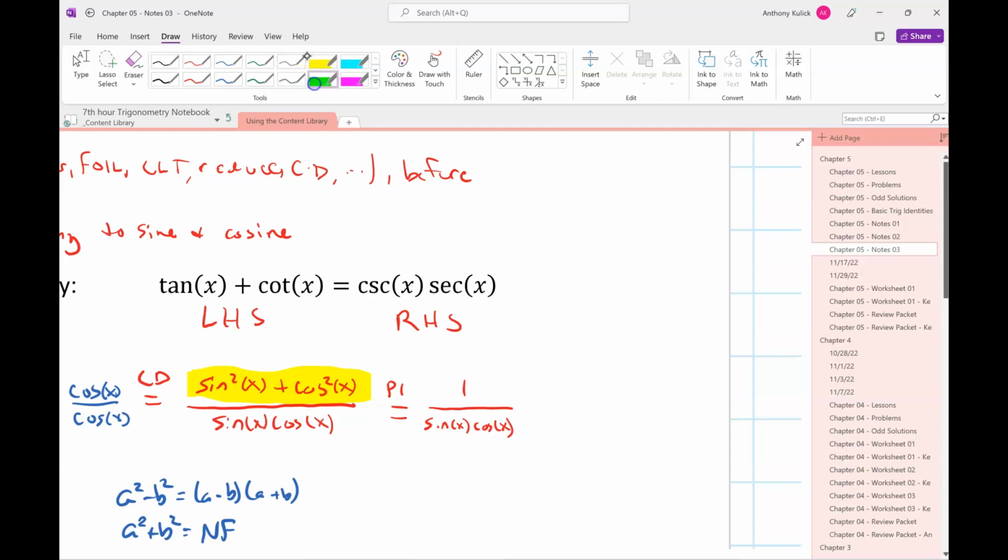All right, let's pause here and take a look at where we're trying to get to again. We're trying to get to that right-hand side, which is just 2 things multiplied together, correct? So what I want to do next is rewrite this fraction as the product of 2 fractions.